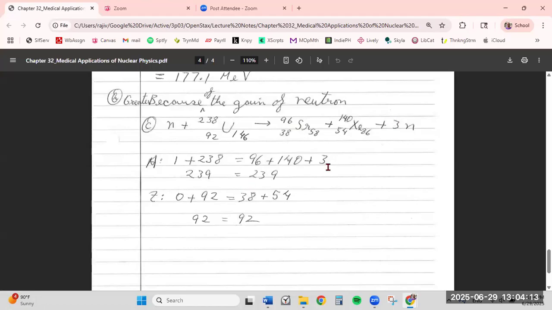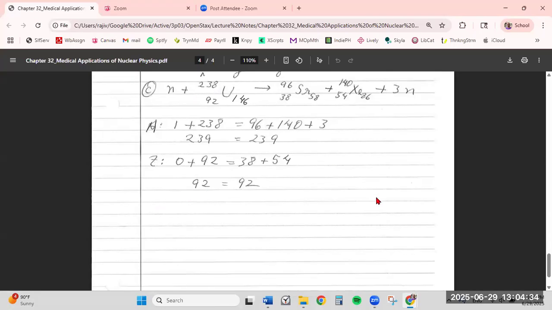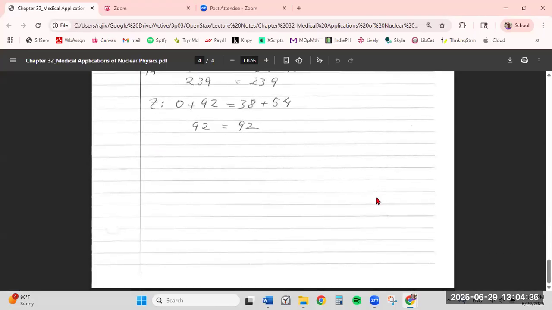So 239 on both sides. Total number of protons, which is also charge conservation. So 0 for neutron, 92 for uranium, 38 here, and 54 here, 0 here. And again, 92 equals 92. So that proves the conservation.